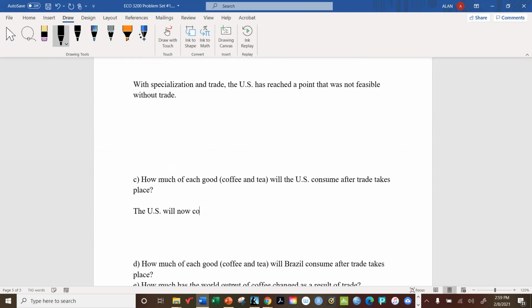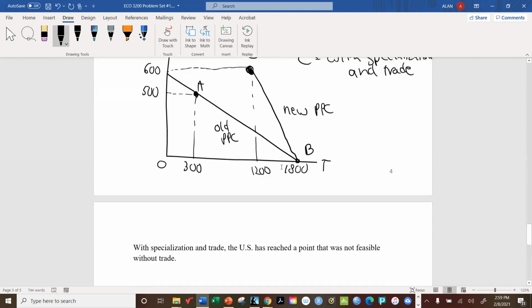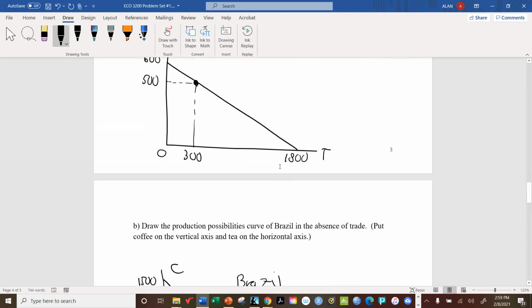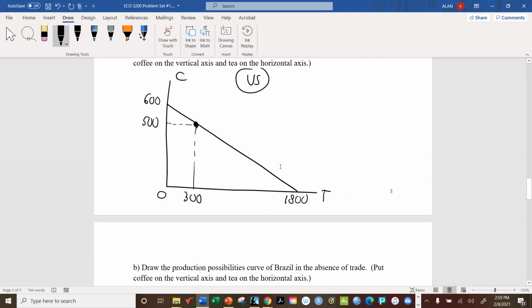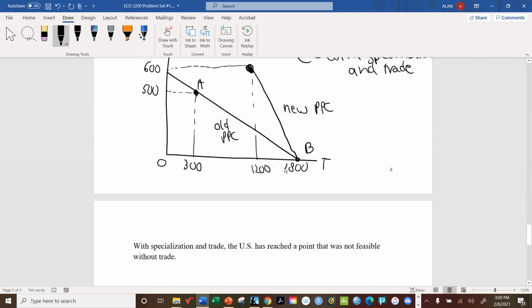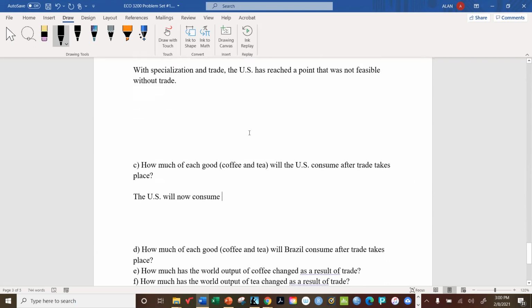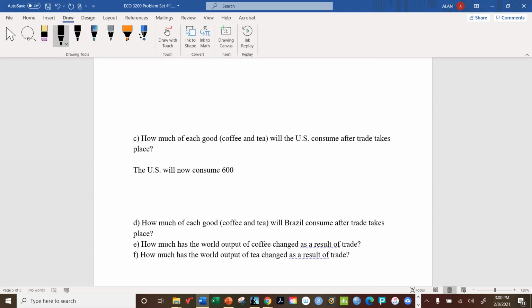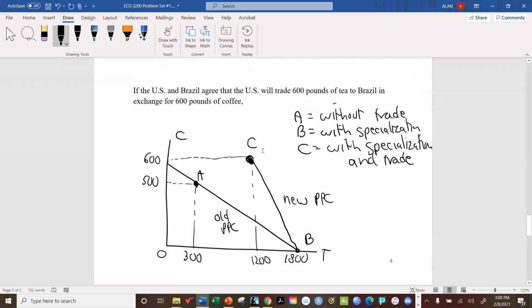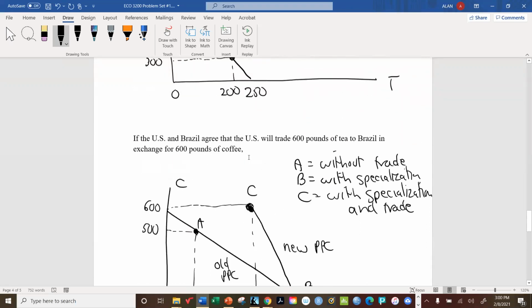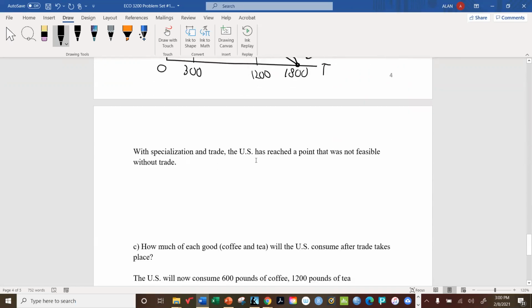So we'll now consume 600 coffees and 1,200 teas. And that's based on this graph up here. Right, exactly.